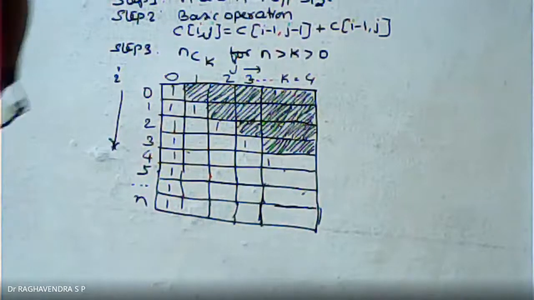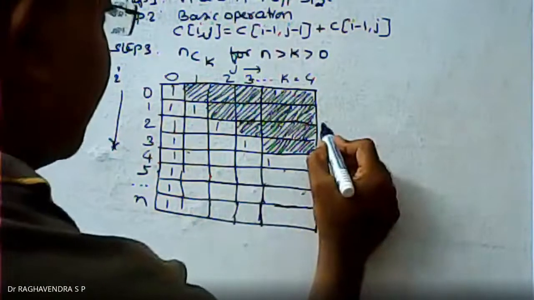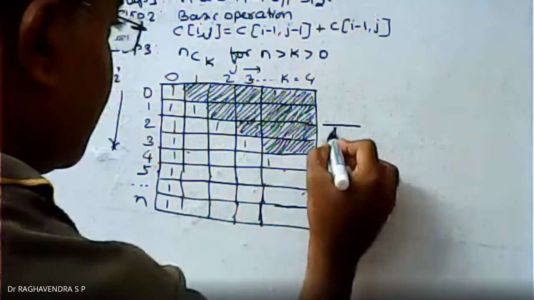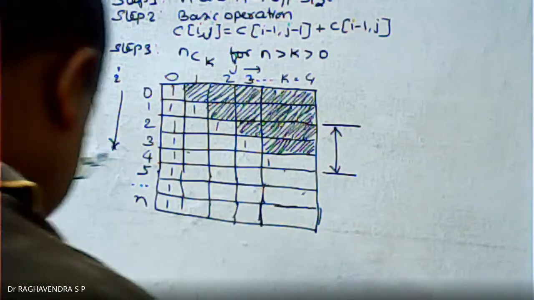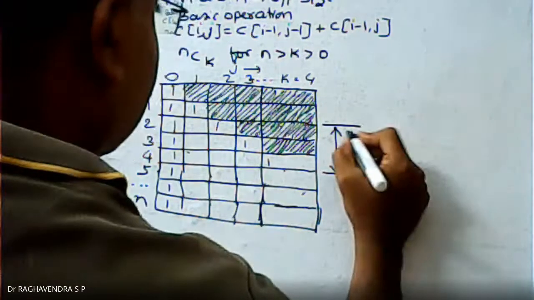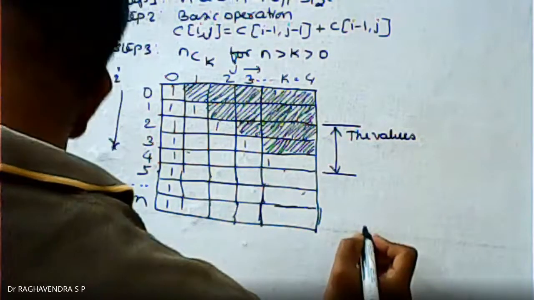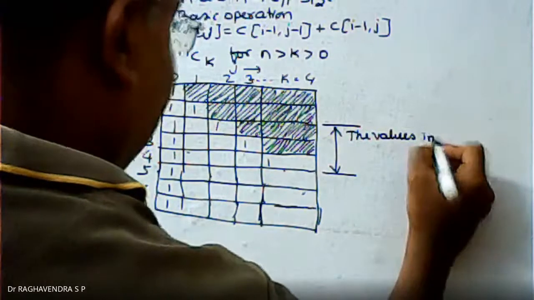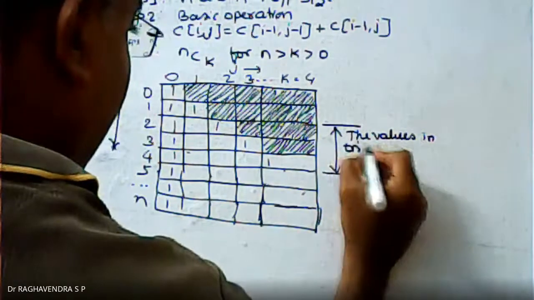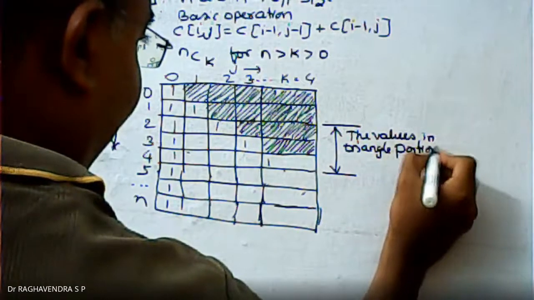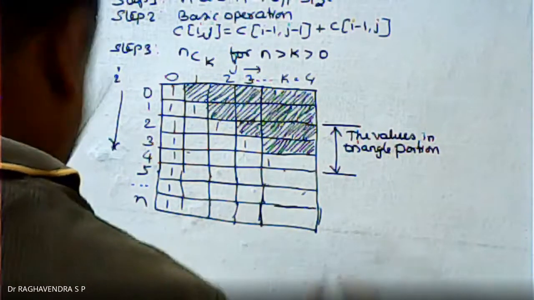Okay, so see here, from this point to this point. This region means unfilled locations. So the values in the triangle portion have to be computed.